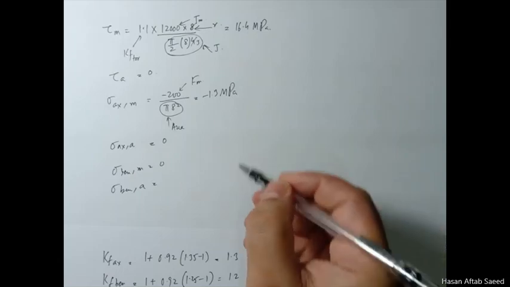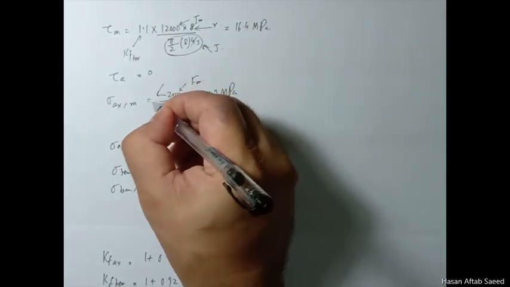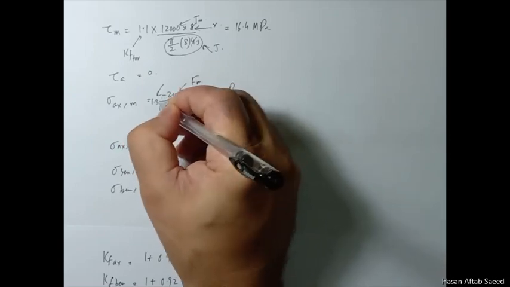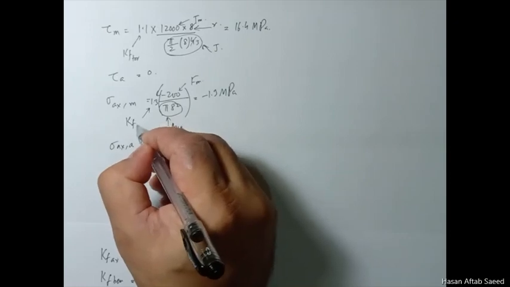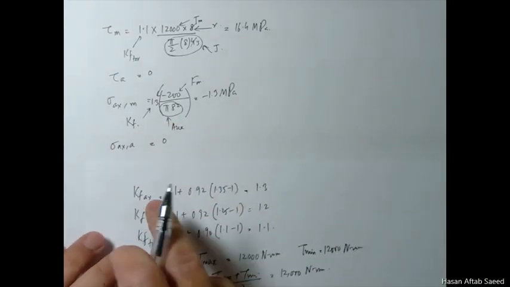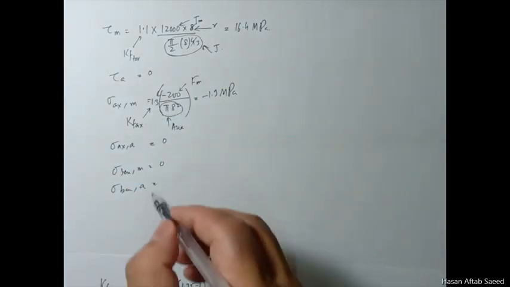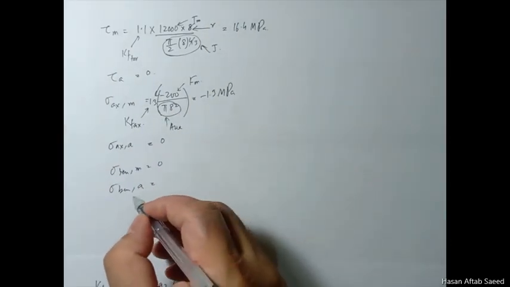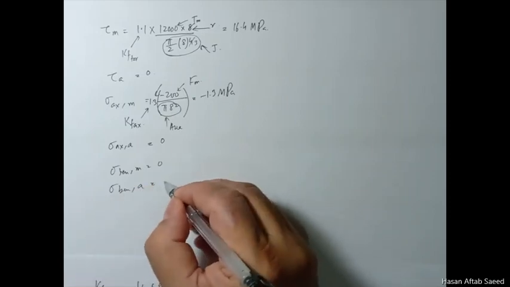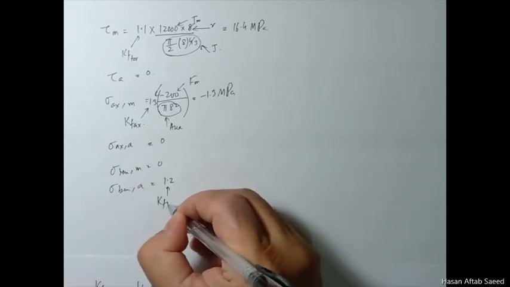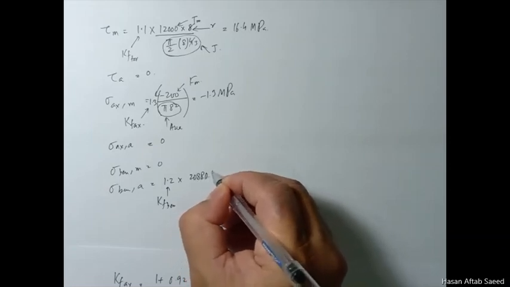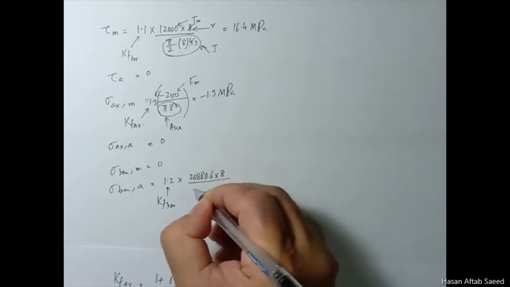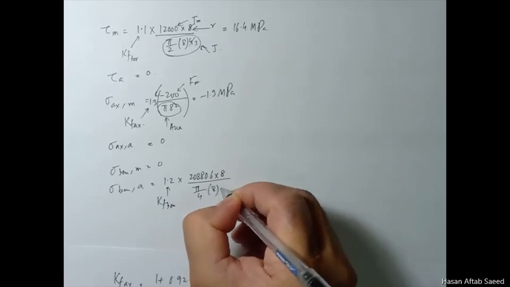and the amplitude component is, and let me write here, there should be 1.3 here also. This is the value of Kf axial, this one. For the bending component of axial stress, you have 1.2, this is the Kf bending, into 20880.6 into 8 over pi by 4 times 8 to the power 4.